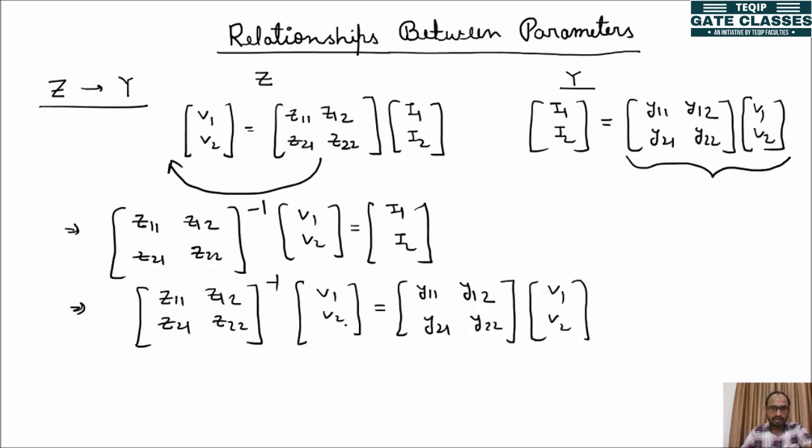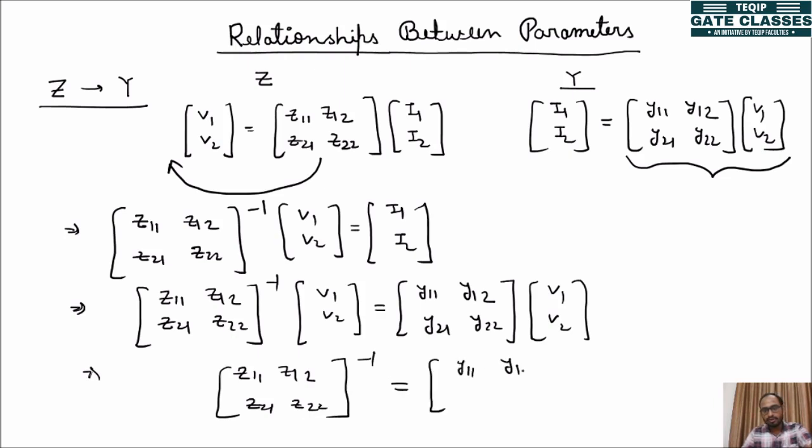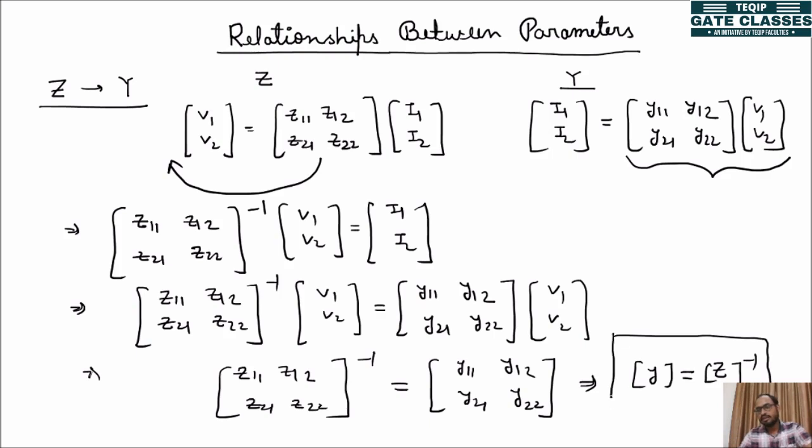V1 V2 are the same, so we can write [Z11 Z12; Z21 Z22] inverse is equal to [y11 y12; y21 y22], or simply you can write Y is equal to Z inverse, right? So this is the relationship between Z and Y parameters.